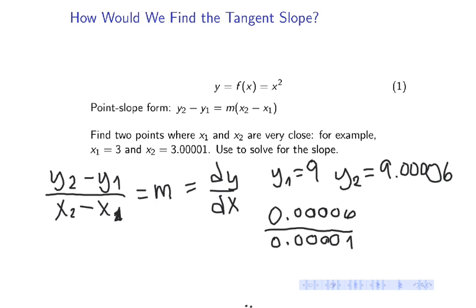You might remember these will cancel out. So it's essentially 6 over 1, which we know is equal to 6.